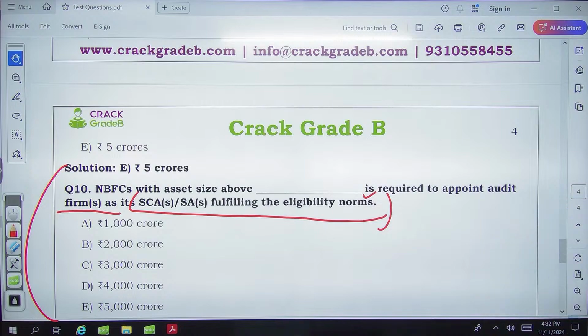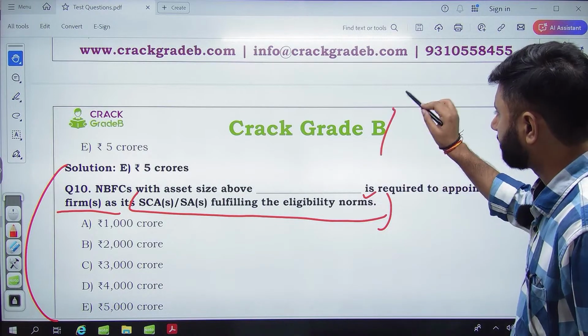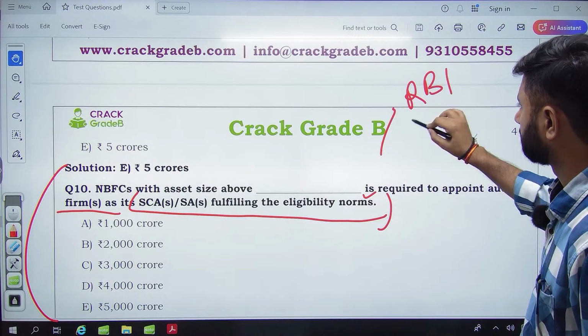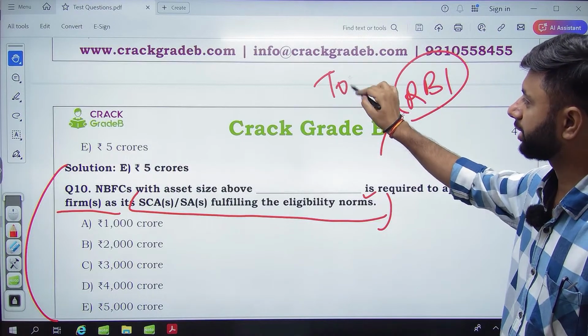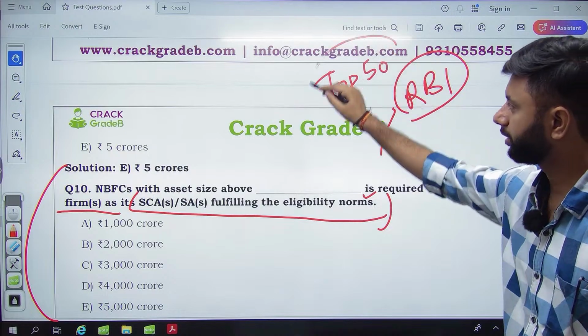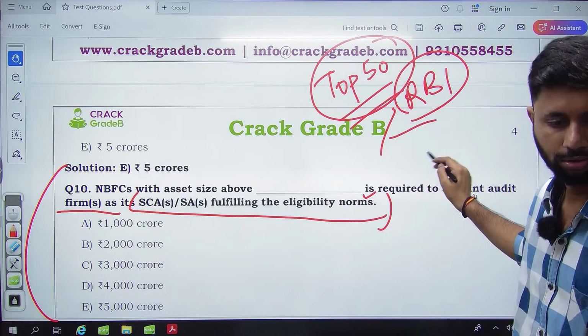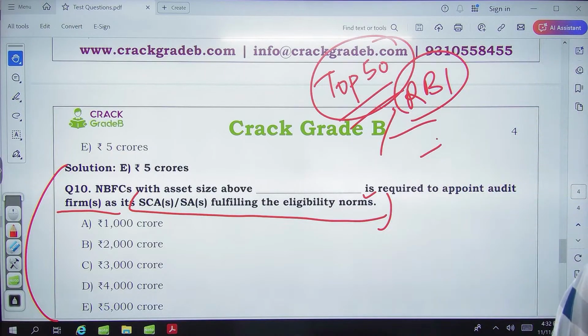What do you think is the correct answer over here? Again all these things anyways you have already done in your RBI preparation as well. टॉप 50 सर्कुलर्स अगर आप लोगों ने किए हुए हैं then you could easily solve this question. What do you think is the correct answer?